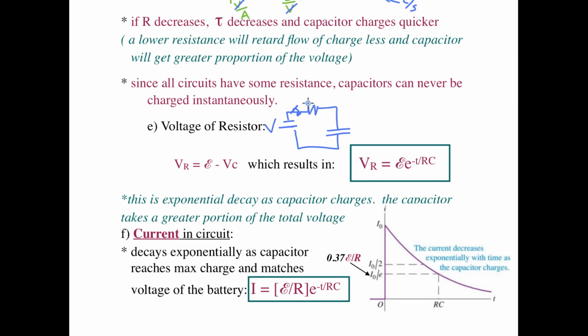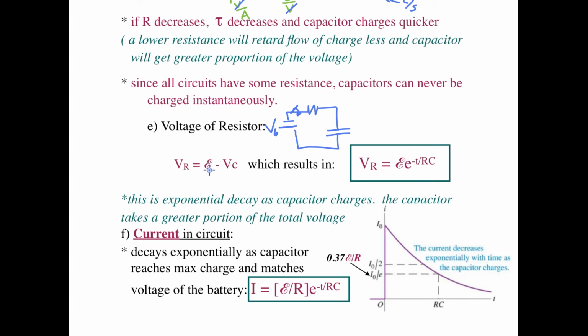But after a while, the capacitor starts to take some voltage. The voltage across the capacitor will grow and grow. So if we want to think about the voltage of the resistor, at first it would be the voltage of the battery, and then as the capacitor grows, it's going to become less and less.